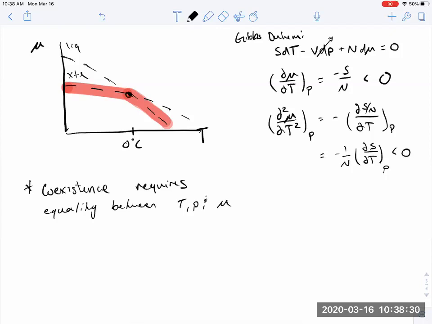It's at this point here, the temperature is the same, the pressure was being held fixed, so it's the same, and as a consequence, at that point, at coexistence, the chemical potentials are also the same.